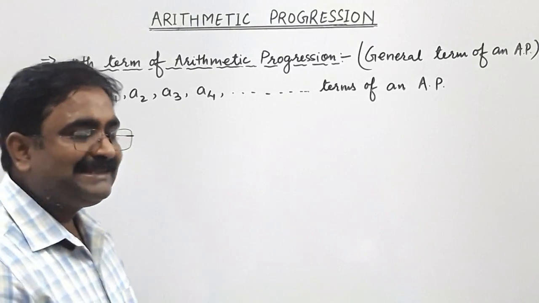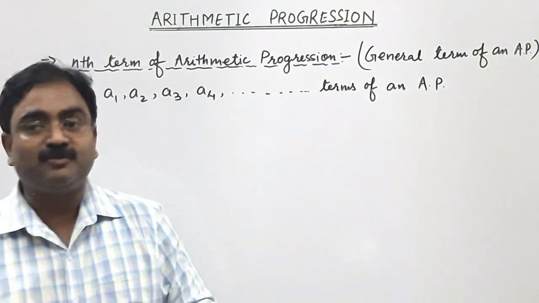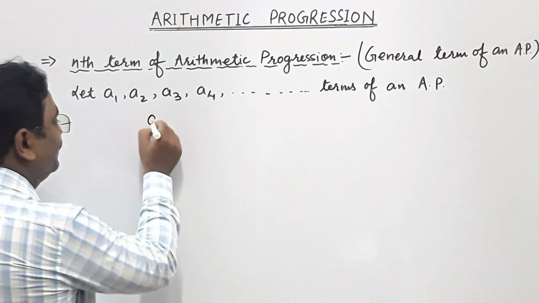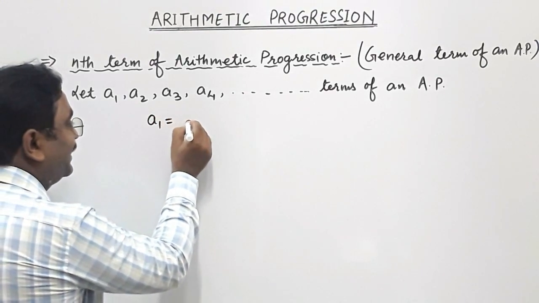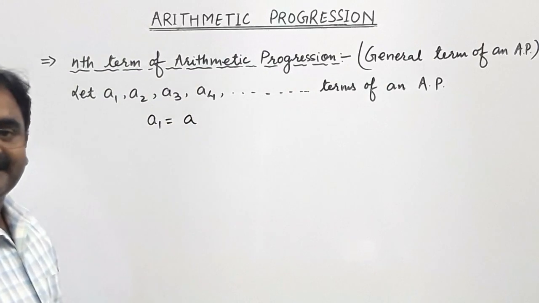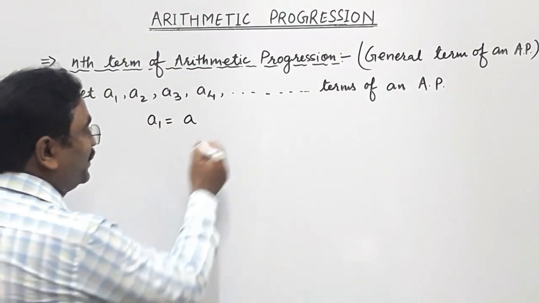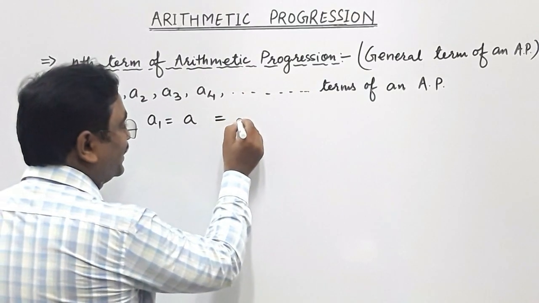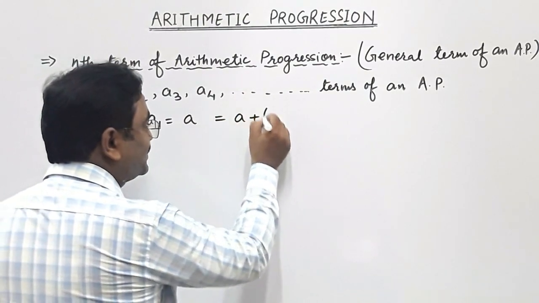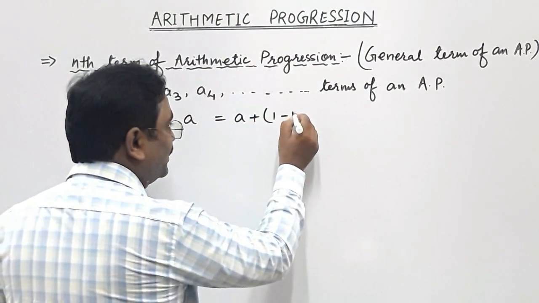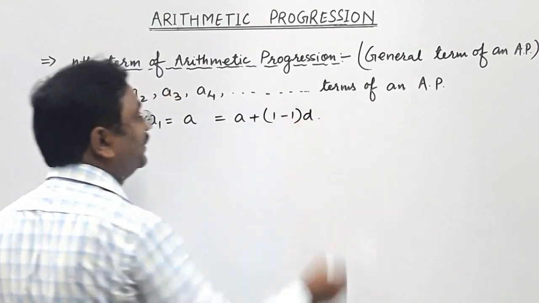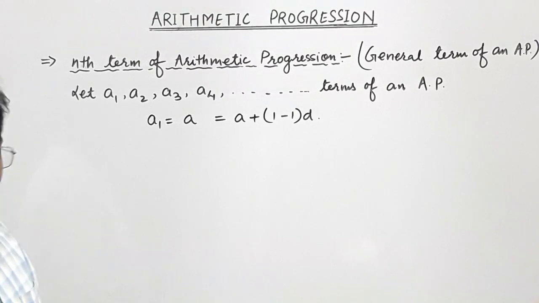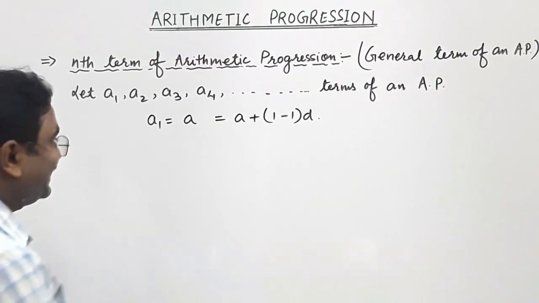So a1 is the first term and it is also written as small a. Just see this children, this first term can be written as a plus 1 minus 1 into d, in the form of its common difference. फिर हमने पढ़ा, what was the second term?